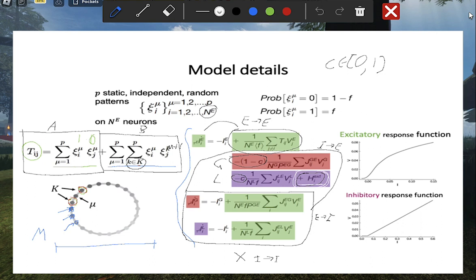But with B, we add some extra interaction strength if you share activity with neighboring patterns, and those patterns are in some memory graph. This is one such memory graph, and K is the set of vertices neighboring some memory pattern mu.